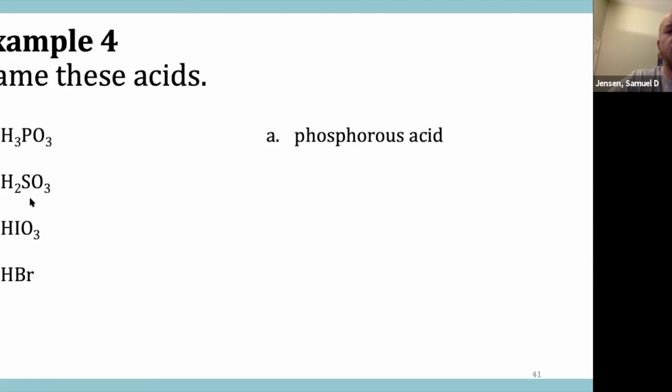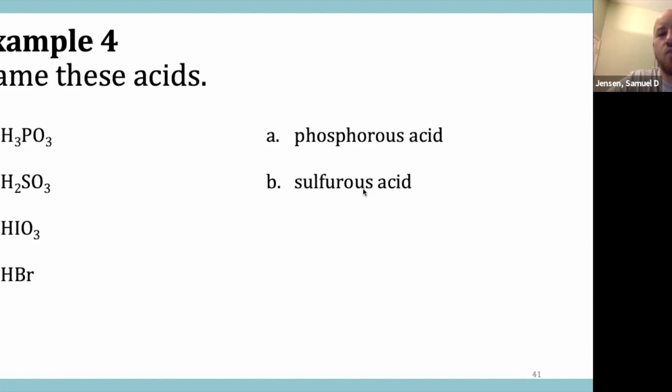Okay. So the sulfur here, or the sulfite, becomes sulfurous acid. So you can see right here, it's not quite an exact exchange of ITE to OUS, right? Because this would be sulfite. Then the sulfite doesn't become sulfous, right? So it has a slight tweak. I think it's more for pronunciation than anything else.